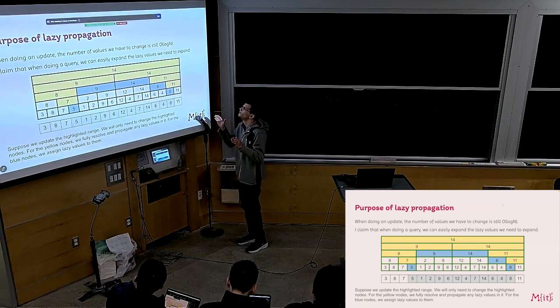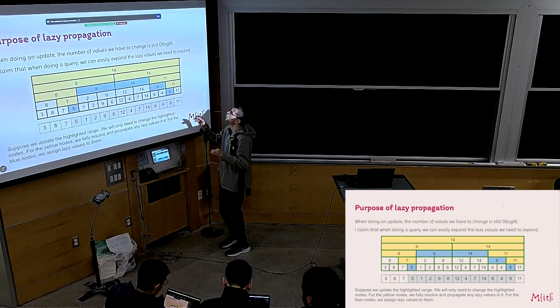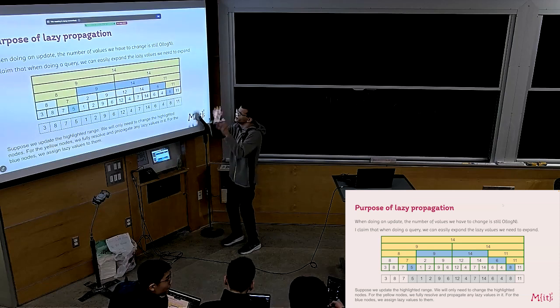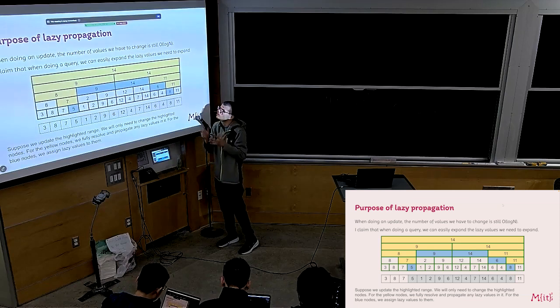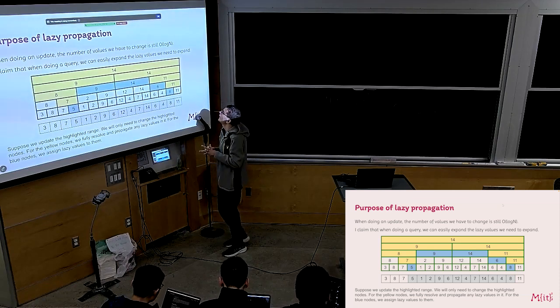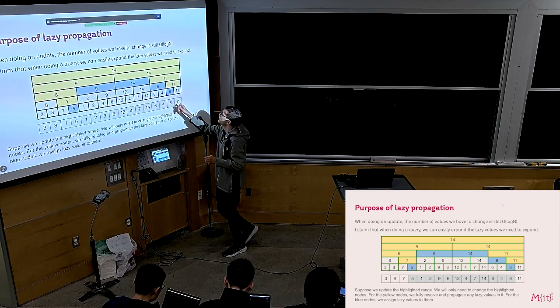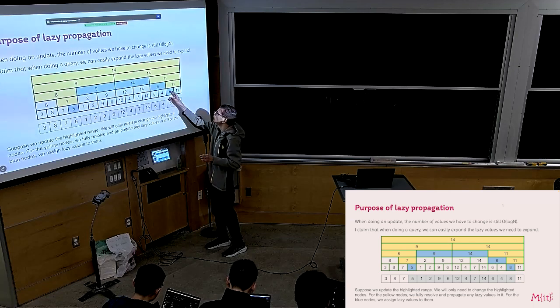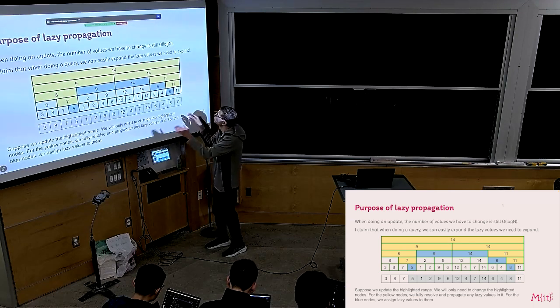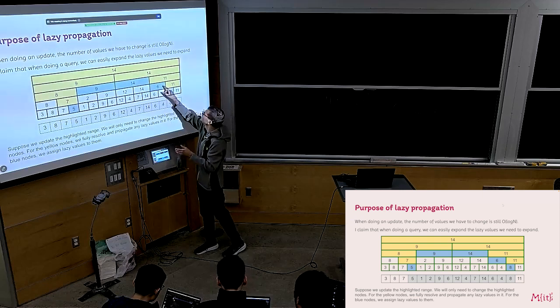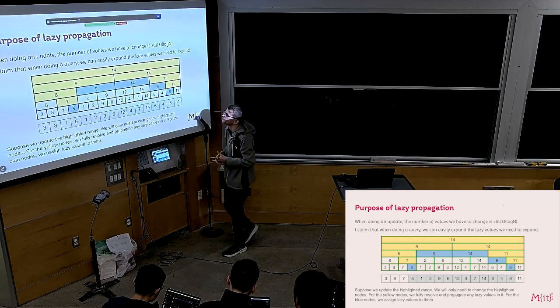Specifically, for the yellow nodes, we will fully update them and recurse. But for the blue nodes, we will notice that those are fully contained in our interval L to R, so we will stop the recursion there and instead just put a lazy value beside them.